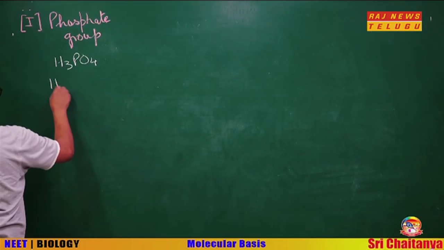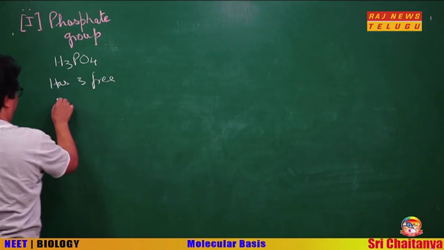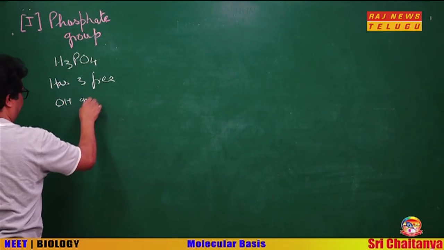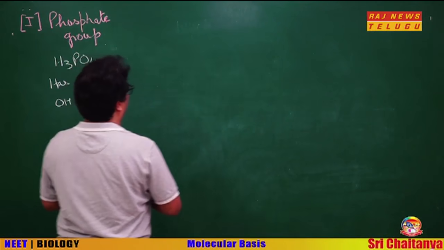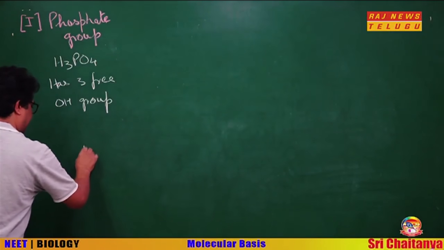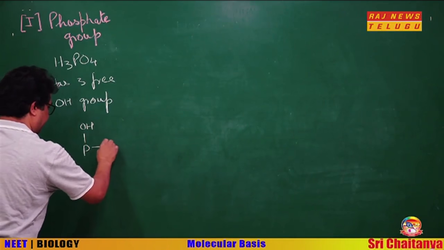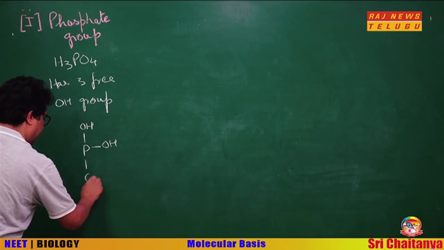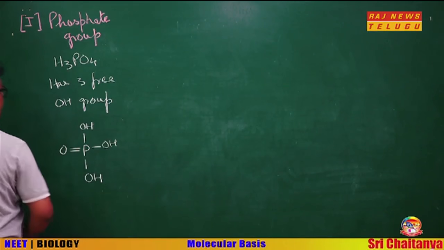It has three free OH group. You can write it like this: P, OH, OH, OH and O.